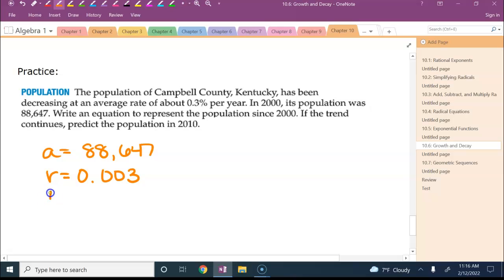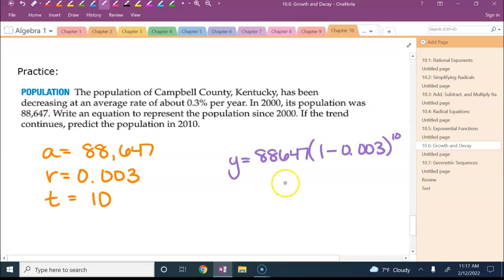And then what they want you to do is figure out your equation and then see how many people should be living there in 2010. So from 2000 to 2010, that would be a difference of 10 years. So plugging it into our equation, we would have 88,647, 1 minus our interest rate, 0.003, and all that's raised to the 10th power. And so after 10 years, if we do this calculation, we're estimating that 86,023 people would still be living there.